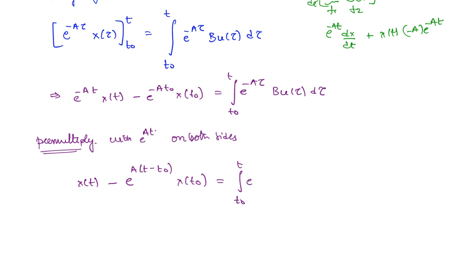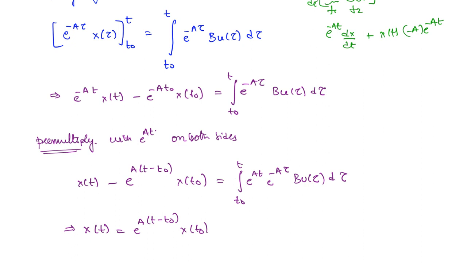With respect to the integration, e to the power a t is a constant because here it is not in terms of tau, alright. So e to the power minus a tau b into u of tau d tau. Okay. So this is going to give you x of t is finally equal to e to the power a into t minus t naught x of t naught.